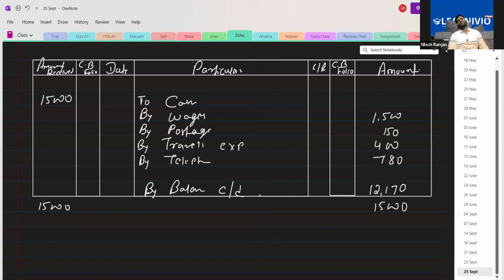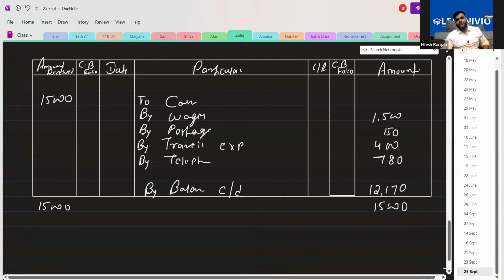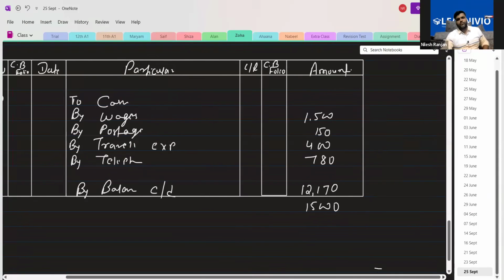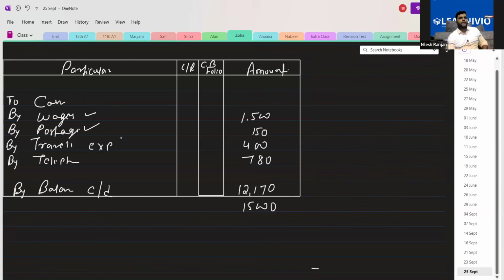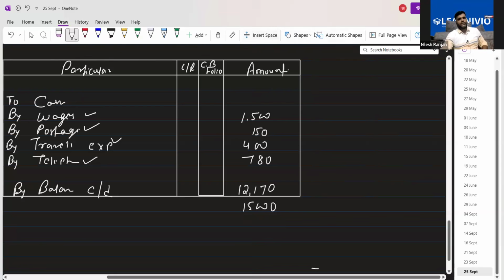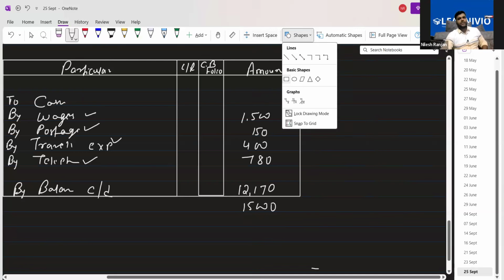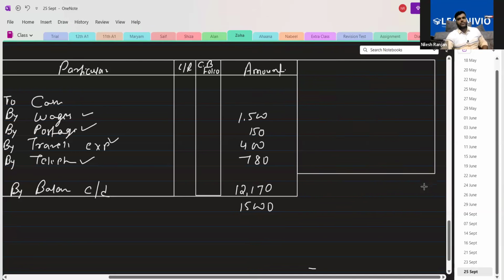Is that clear? Yeah. Okay. Now in analytical petty cash book, we have to create a separate column for all the expenses we have written here. So there is 1, 2, 3, and 4. But in a different question, it can be more than that or less than that. So we have to create 4 columns.